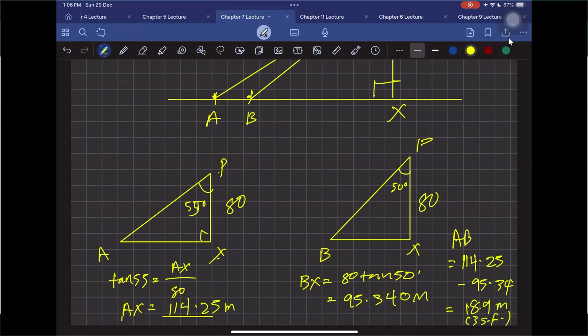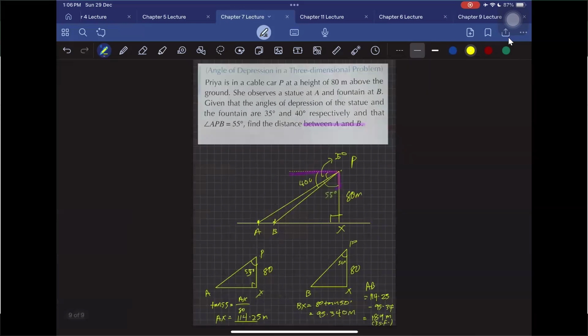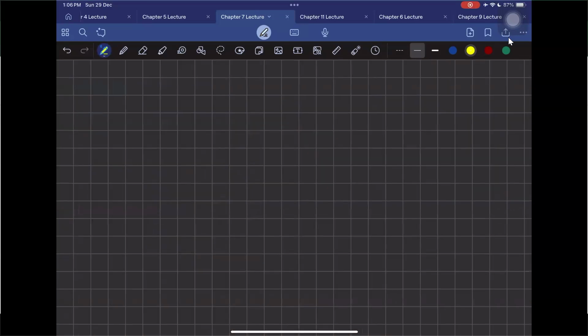Okay. So this sums up your trigo for applications of trigo. So I'll do a quick summary of what we have learned so far. You should be familiar with your concepts of angle of elevation and depression.